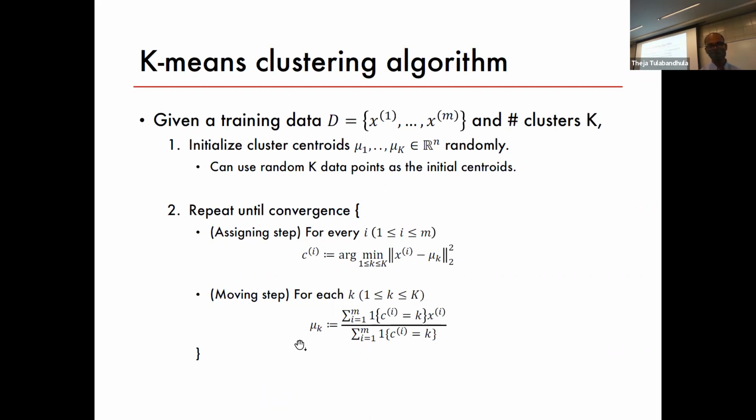In step 1, given the current centroids, we assign cluster labels to each point. For each of the m points, we assign a cluster label. We just ask, which of the k centroids is this point closest to? If it's closest to the third one, my cluster label for this point is 3. For the second point, which of the k centroids is it closest to in terms of Euclidean distance?